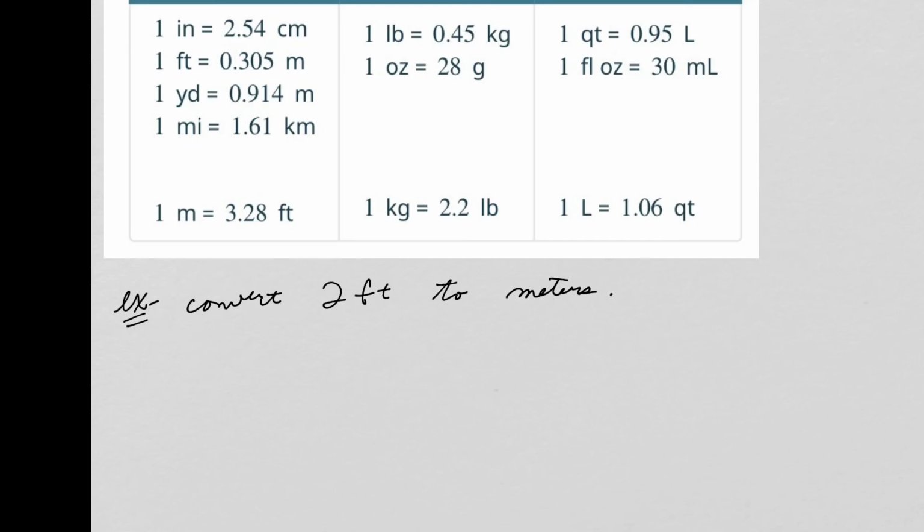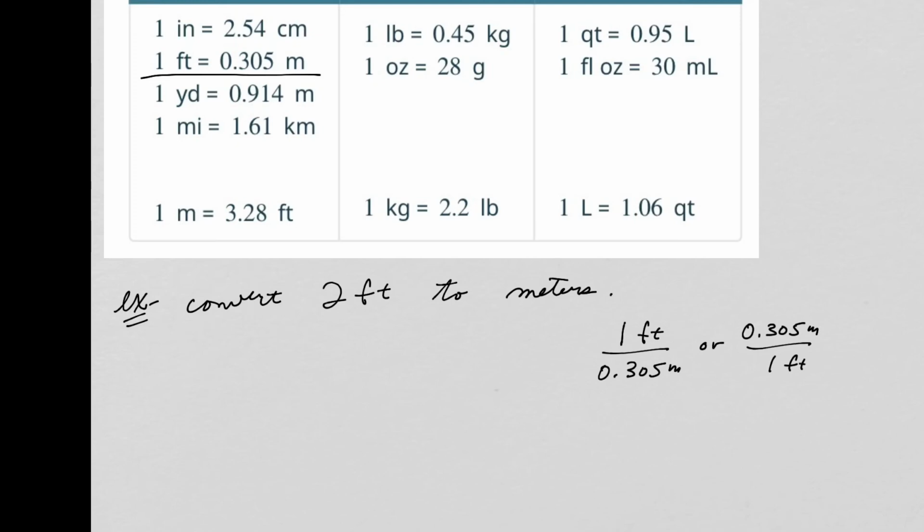Okay, one way of doing this is I could just use this conversion factor directly, right? You see in the table here, there's a relationship between feet and meters. So I can either write that as 1 foot over 0.305 meters, or I could write it as 0.305 meters over 1 foot.